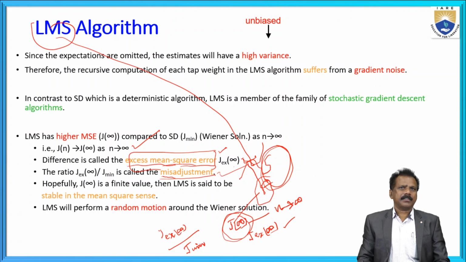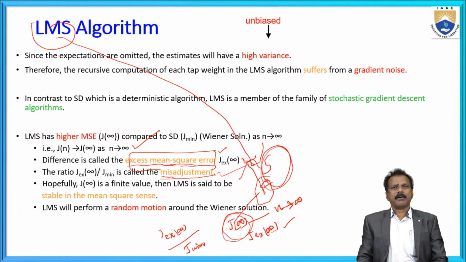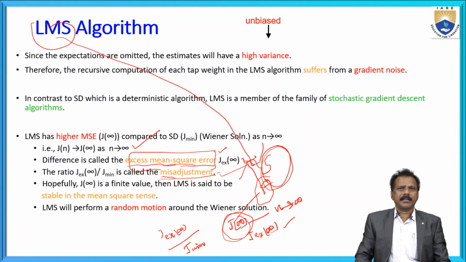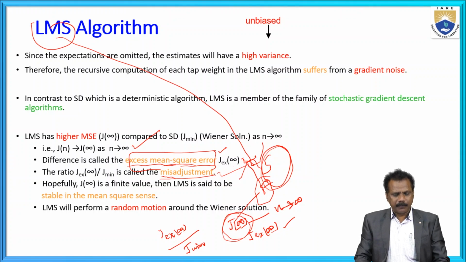Using step by step mathematical analysis, we can decide that the LMS is stable in the mean square sense, where the LMS performs a random motion around the Wiener solution.